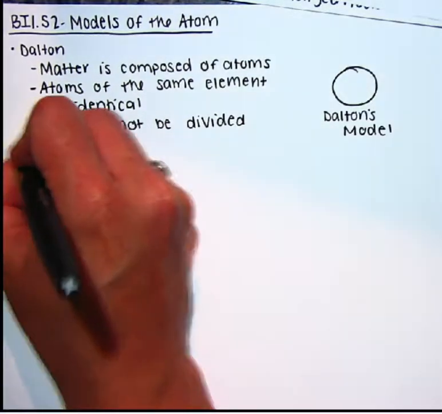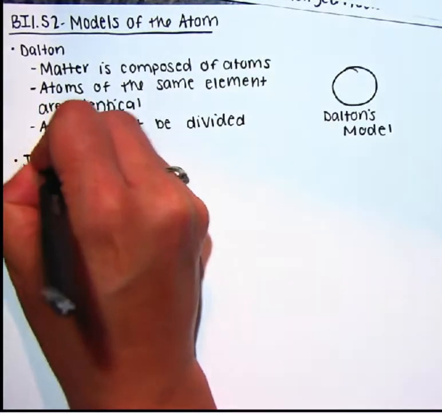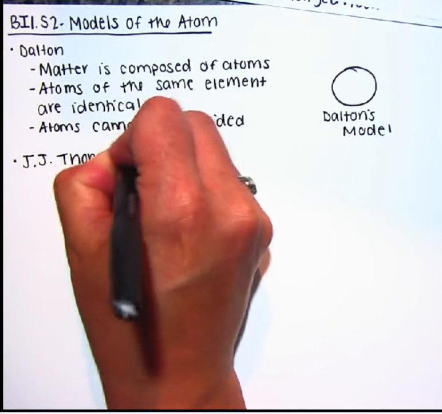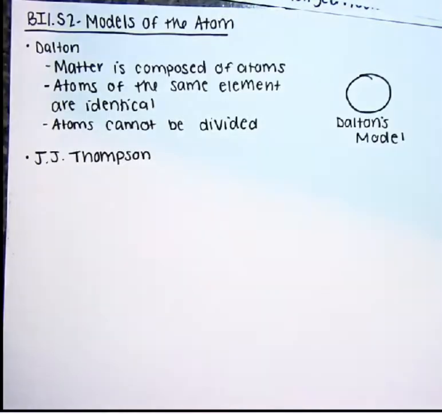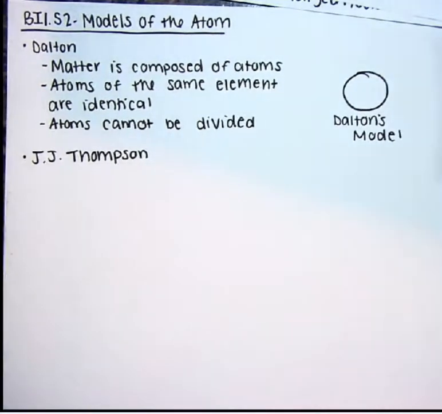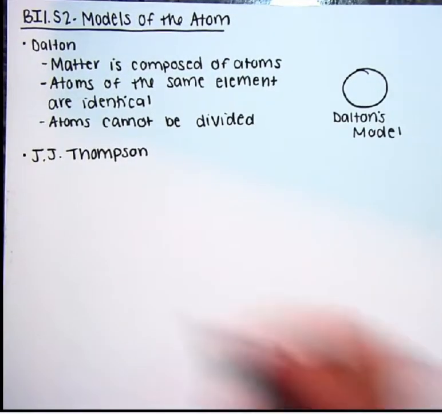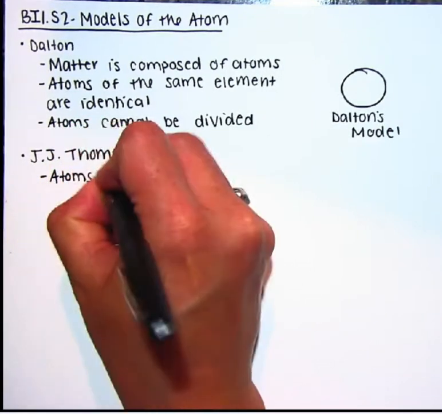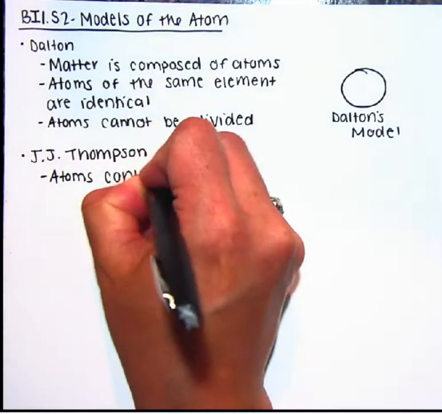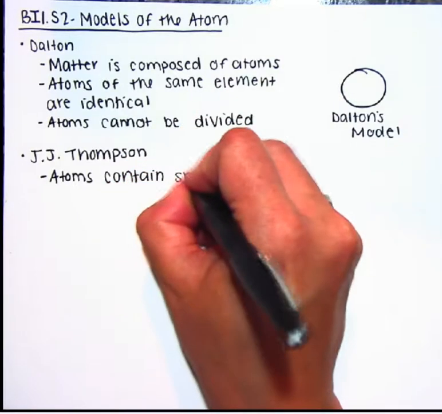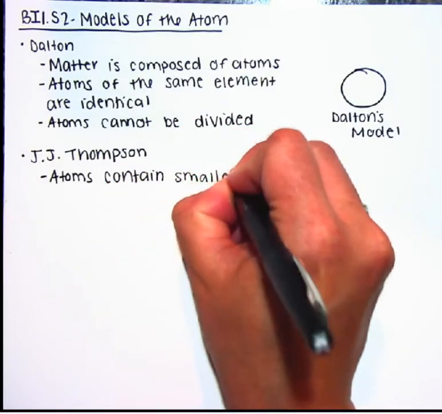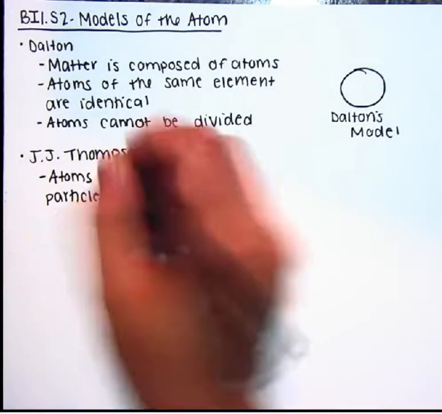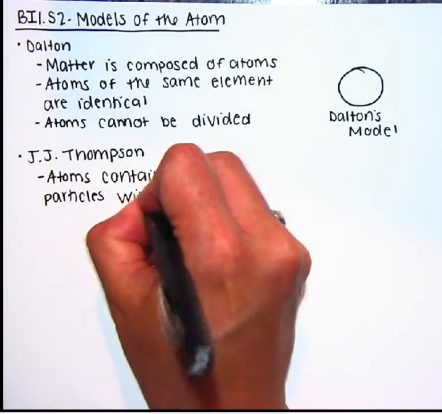After Dalton came J.J. Thomson. Thomson improved upon Dalton's model because Thomson was the first to discover that atoms contain smaller particles with positive and negative charges.